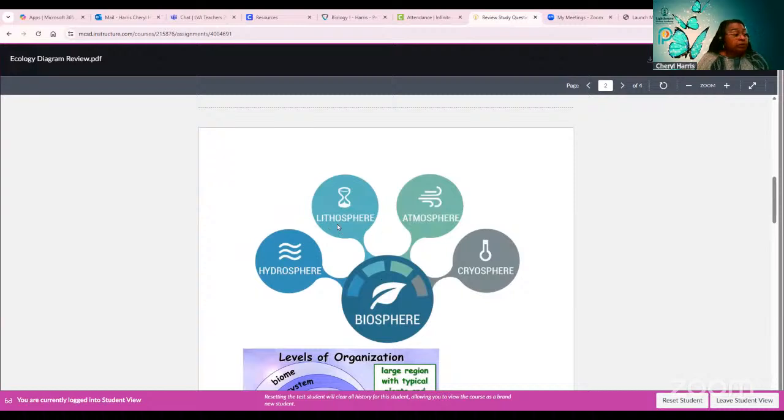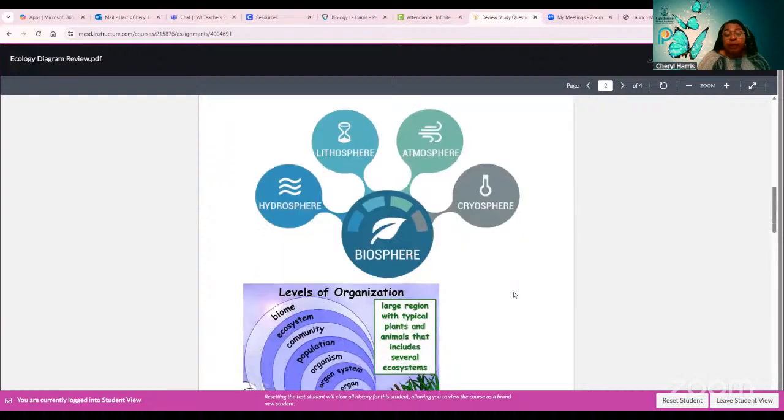Lithosphere, those are the things that live on land. Litho is land or earth. Atmosphere, things that exist in the air most of the time, and that includes our climate and things of that nature, because that's important in talking about our biomes. And cryosphere, parts of the planet that are frozen, because those are important as well.